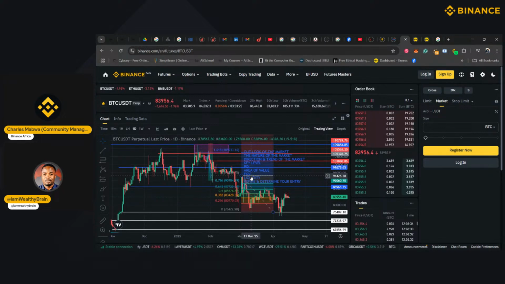And then we also said that you need to refine and determine your entry. At that time we actually had a trend that we forecasted on BTC USDT, and we may build on that. I'll just expand my chart a little.